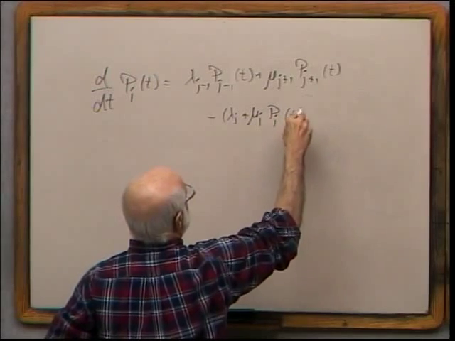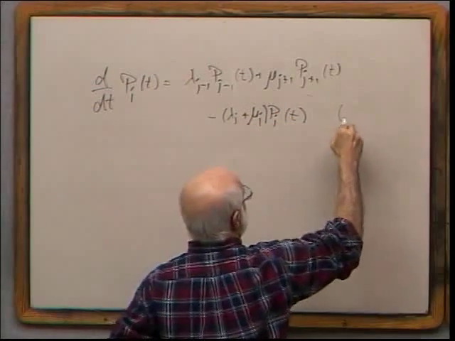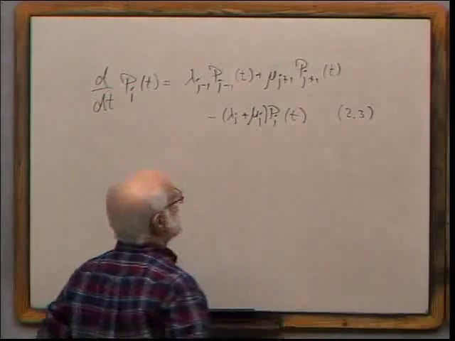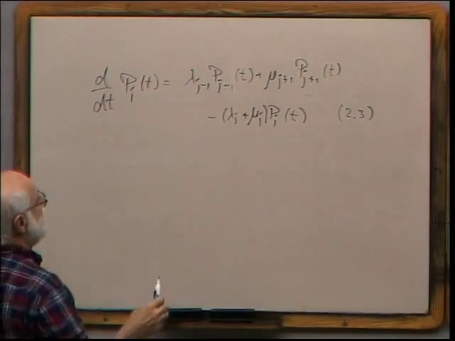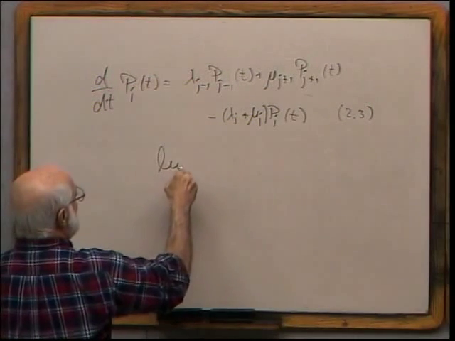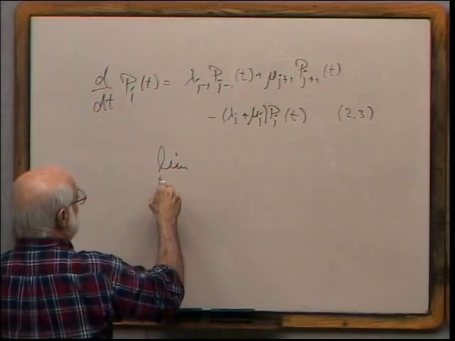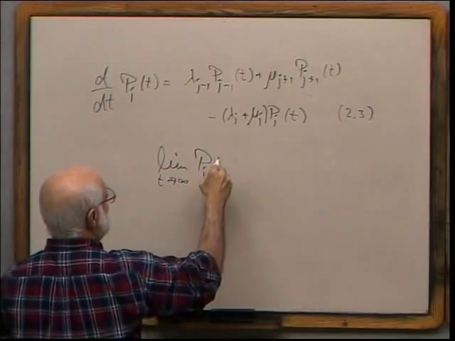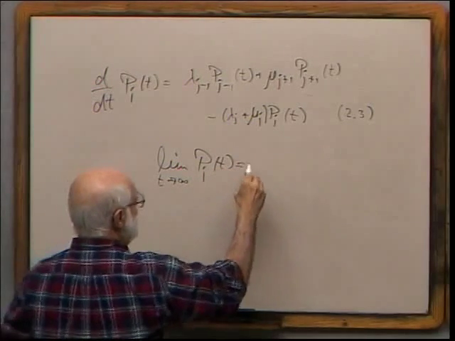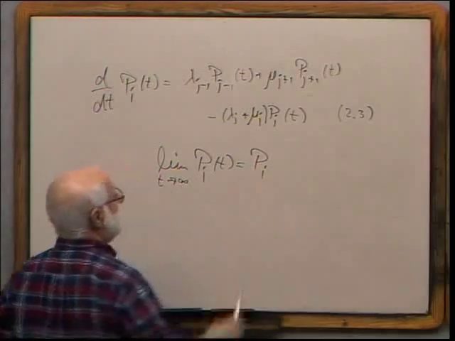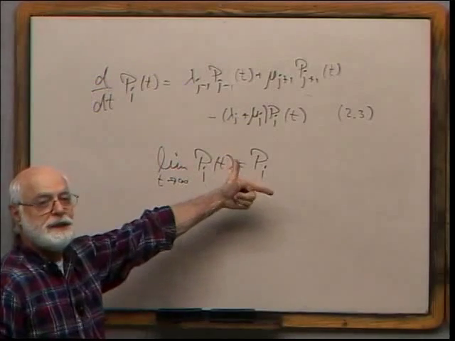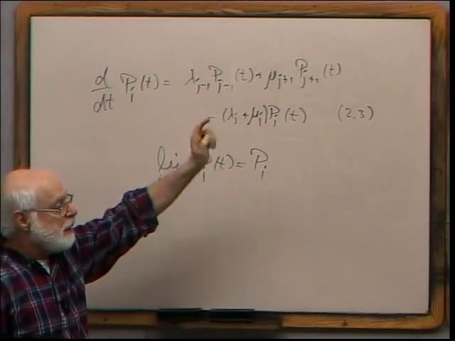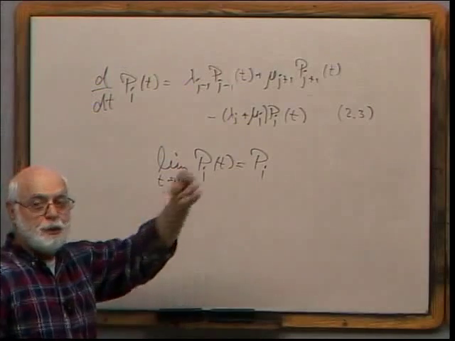Equations 2.3. Okay, now I'm going to say that it makes physical sense to say that the limit as t goes to infinity of pj of t is pj, does not depend on t, exists, and is independent of the initial conditions. We observe that for the case of the two-state system, but it's not unreasonable to think it would be true in any case.